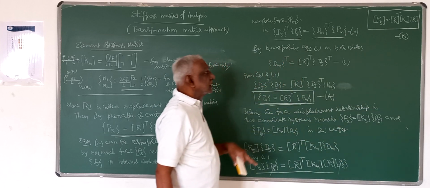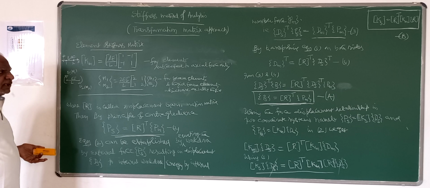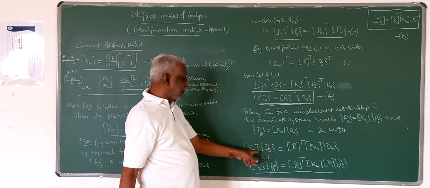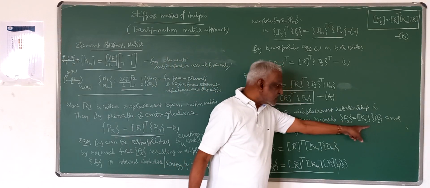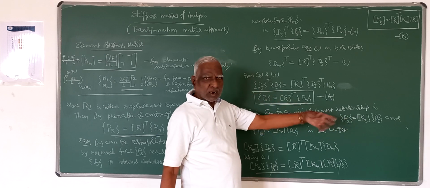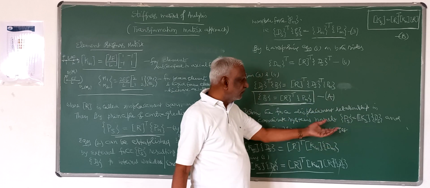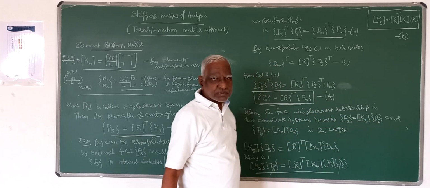Then you can write the relationship between force and displacement in the global coordinate system, that is Ps is equal to Ks ds. Then you can solve this either by Gaussian elimination, Gauss-Jordan method, or by inversion of matrix, you can evaluate your unknown displacements.